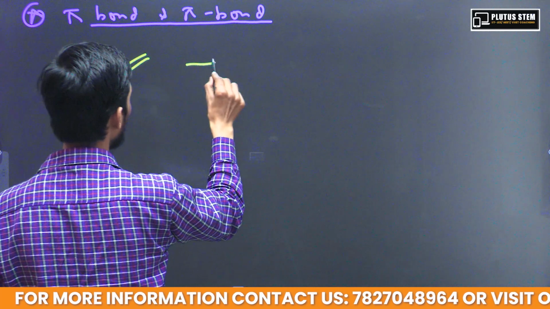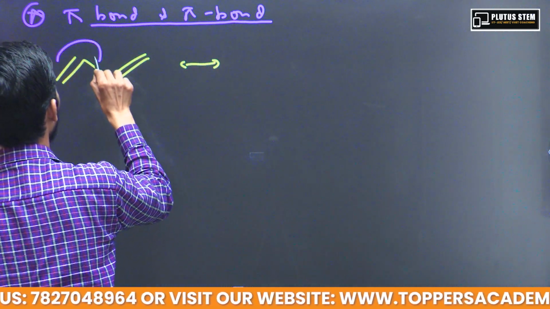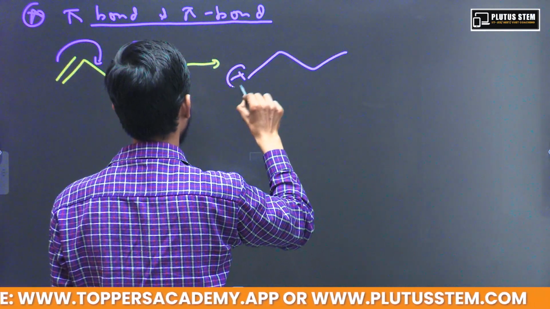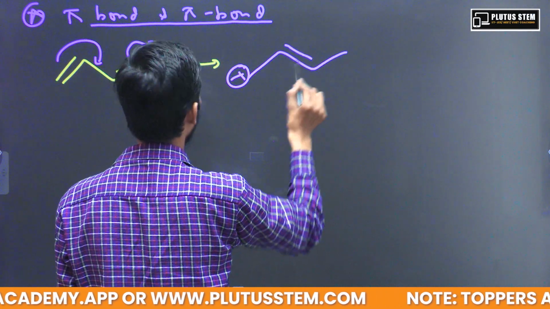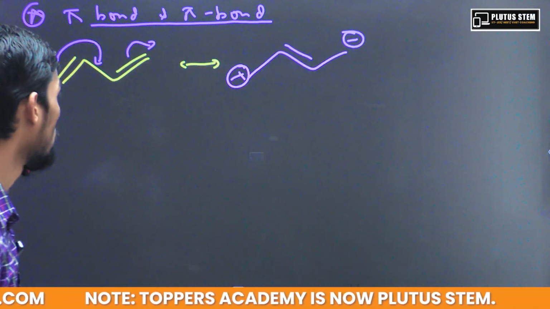So this is the compound, this is the original compound. Over here a positive charge, over here a new bond generation, and over here a negative charge generation.